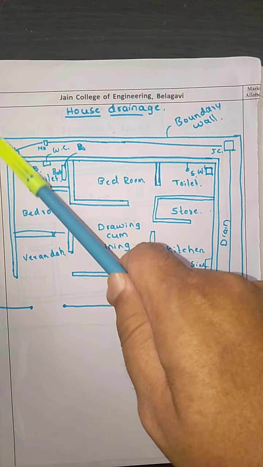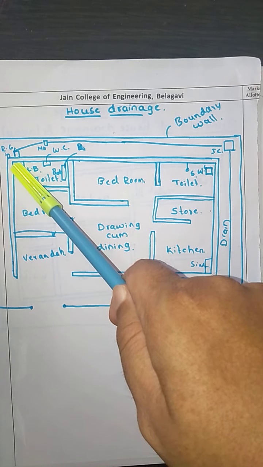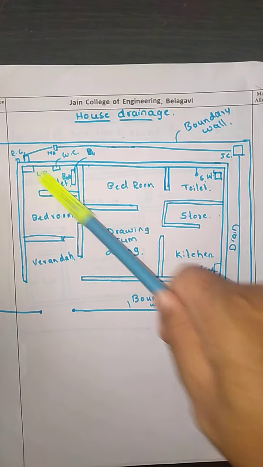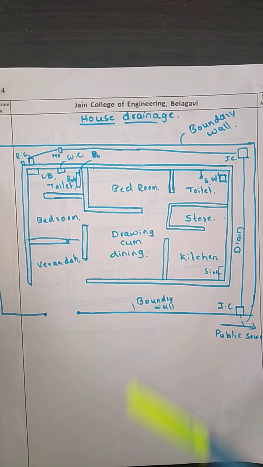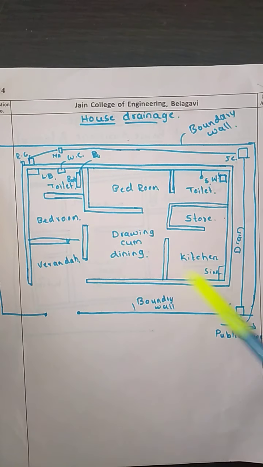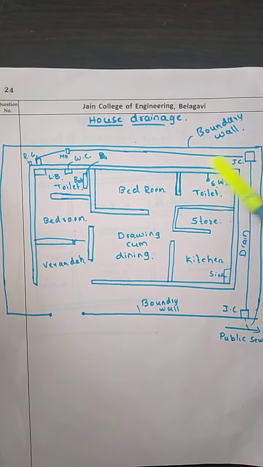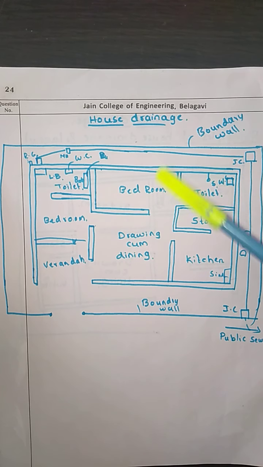As an engineer, you should not take the wastewater line through the building. If you want to do any repair or maintenance work, you cannot do it if you take the wastewater line like this. So always take the wastewater line beyond your construction area, in the open area.